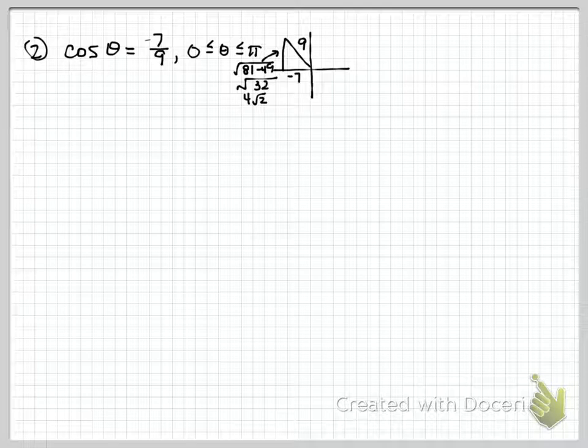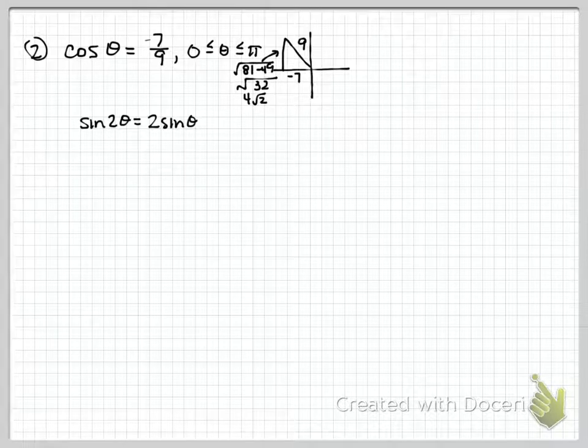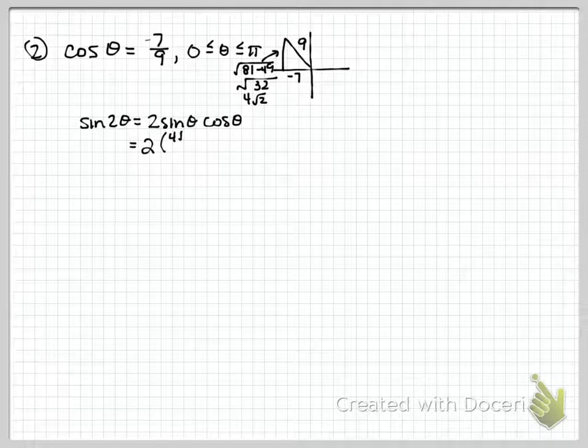To find the sine of 2 theta, it's 2 sine theta times cosine theta. Well, that's 2 times the sine of theta, which is 4 root 2 over 9, times the cosine, which is negative 7/9.